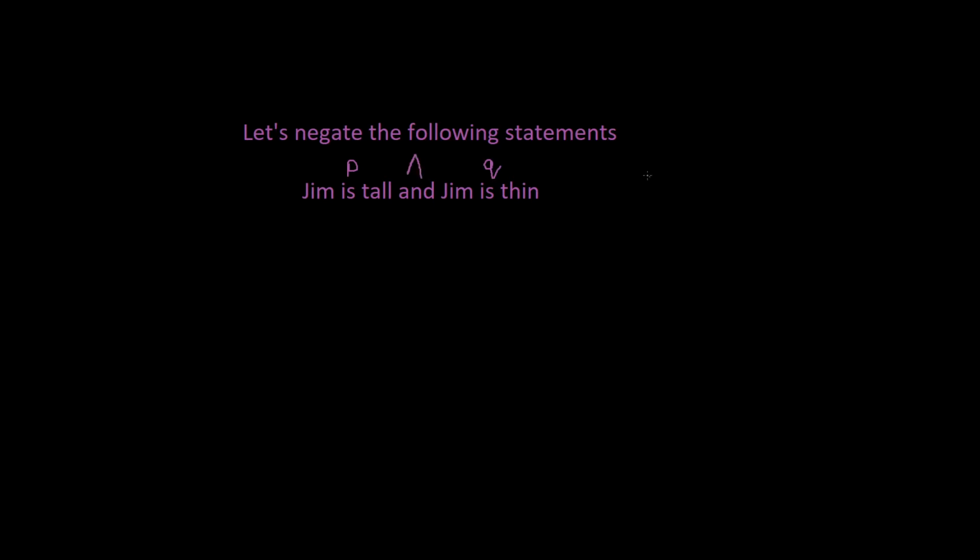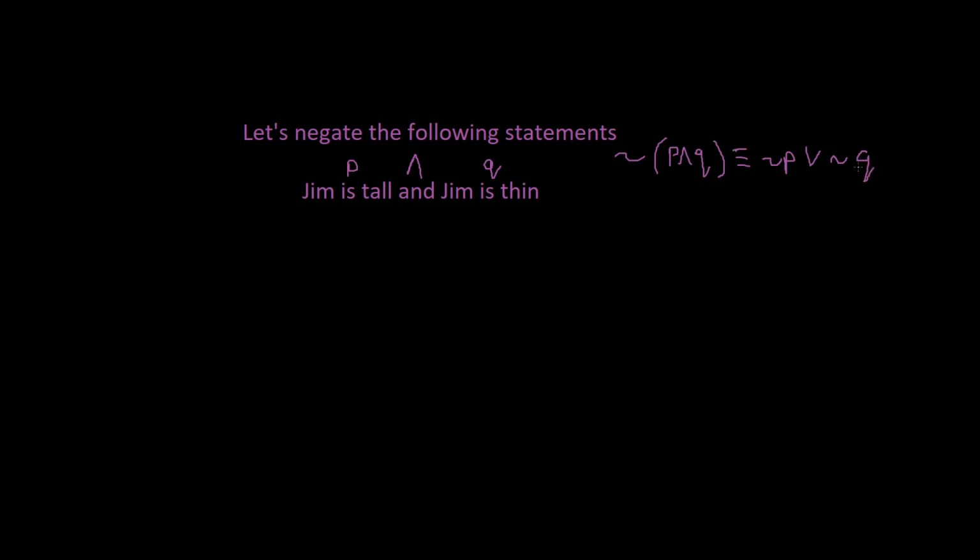So we're going to negate this statement. And so if you remember what we need to do, we need to put it into parentheses. We negate it. It's logically equivalent to our next following statement, which is going to be negation P or negation Q. And this is De Morgan's law.